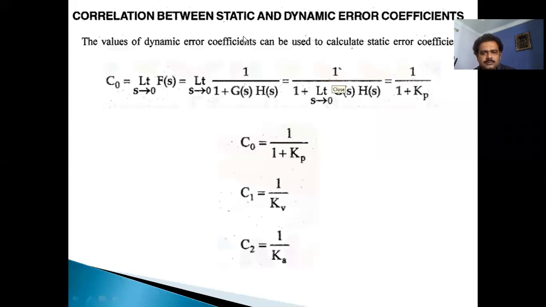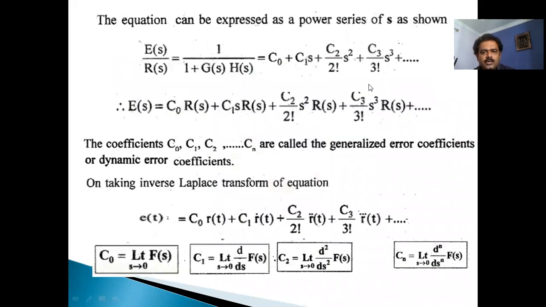Okay, sir, what is meant by the exclamatory mark in the denominator? So that is factorial: 2 factorial, 3 factorial. 2 factorial means 1 into 2. So someone raised a doubt: what is 2 factorial? In the denominator here it is 1 factorial you will get. So 1 into 2.